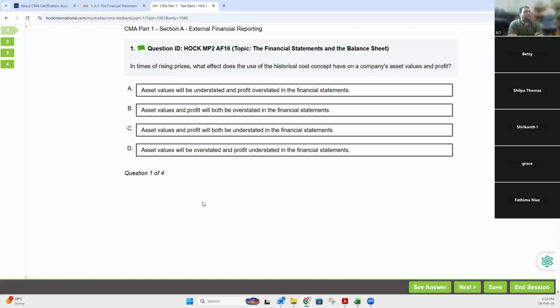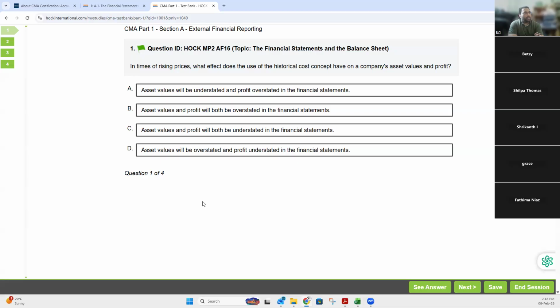In times of rising prices, what effect does the use of the historical cost concept have on a company's asset values and profit? In the time of rising prices, what happens? It's inflation, right? Asset value will be understated and profit overstated.